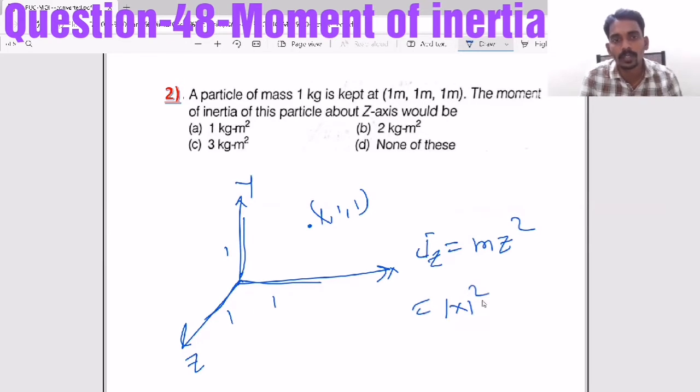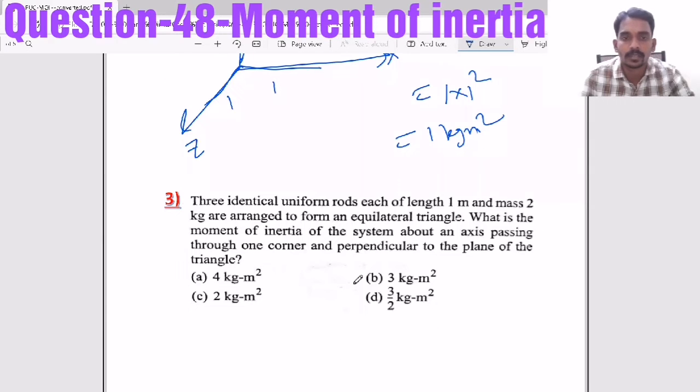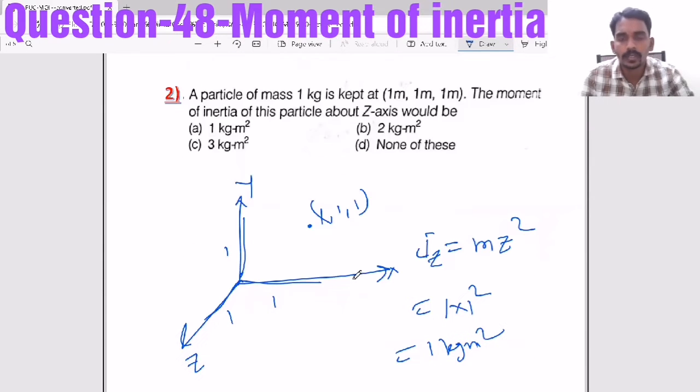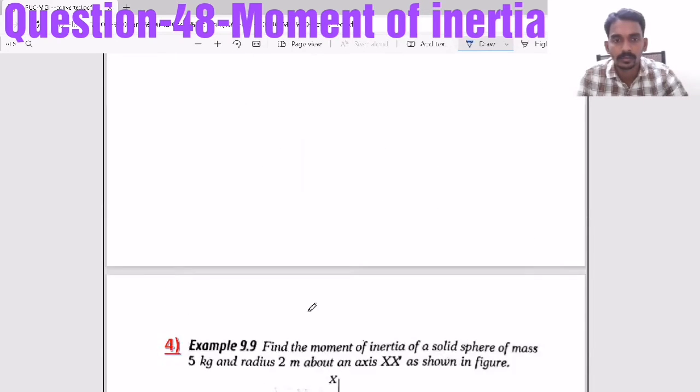So that means 1 into 1 square, that is 1 kg meter square. That is the moment of inertia of the given particle about the z axis. So you need to understand properly what is given, what is the position of the particle, what is the reference axis, and then how to find the perpendicular distance, then you can solve it.